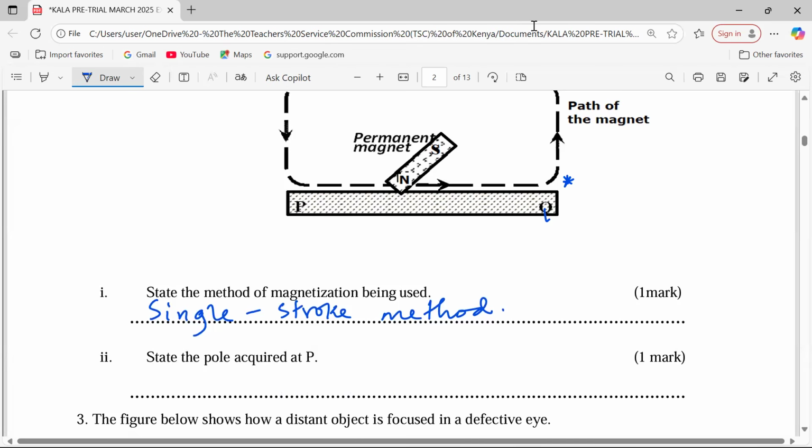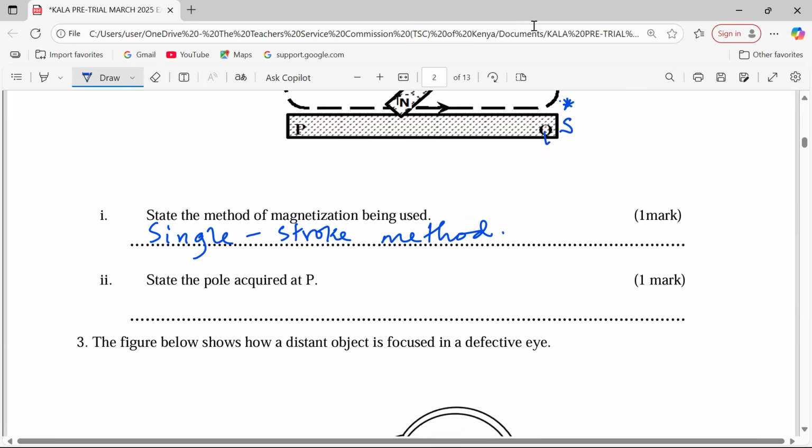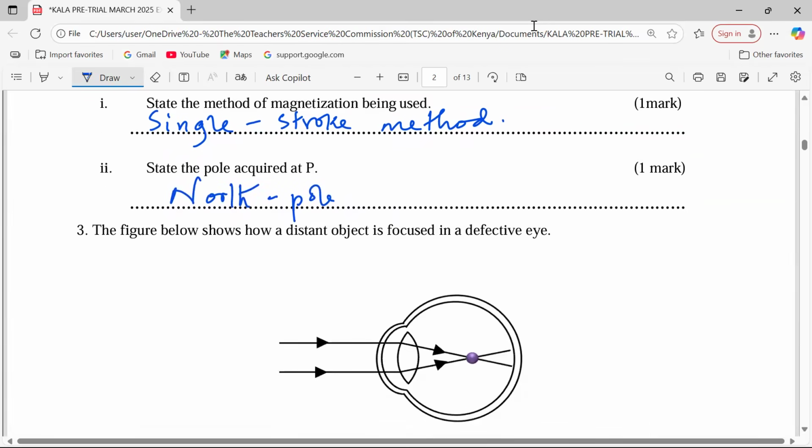So the end of the magnet that will sweep at this end shall be a north. That means the end here will be acquired as a south. And now that a south has been acquired at Q, automatically at P, we shall get a north. At P, we expect a north pole.